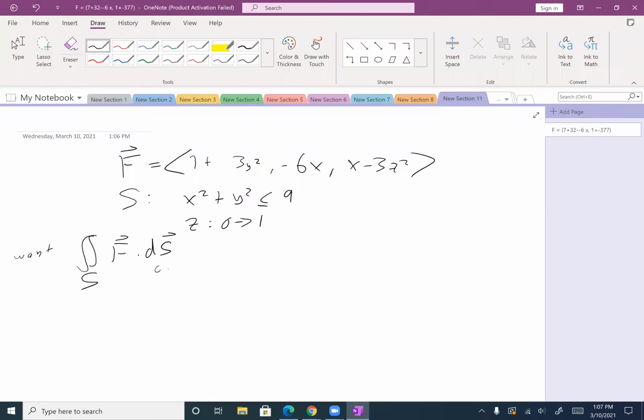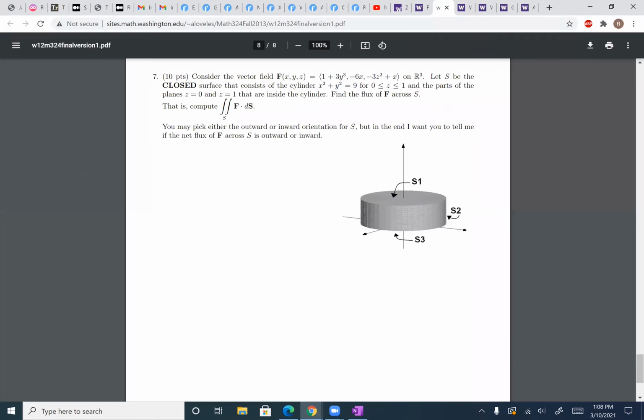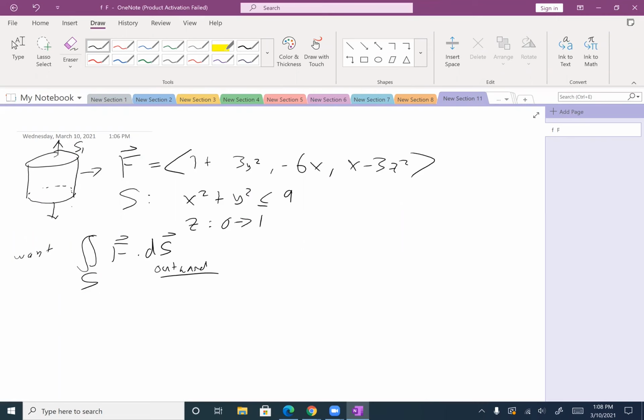And we'll use the outward orientation always. So S3, S1, S2 are given like that. So I'm mentioning this because: do not evaluate directly. Highly recommend do not use surface integrals for this. So use the divergence theorem, please.